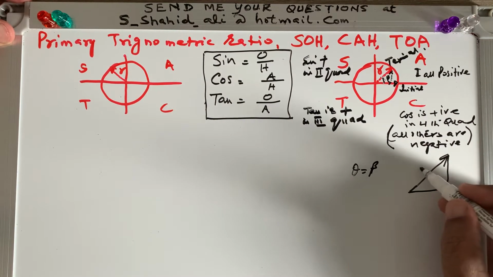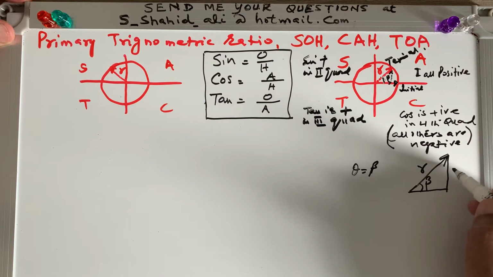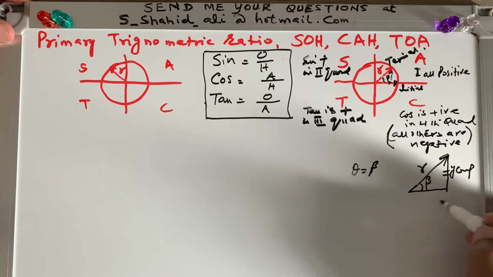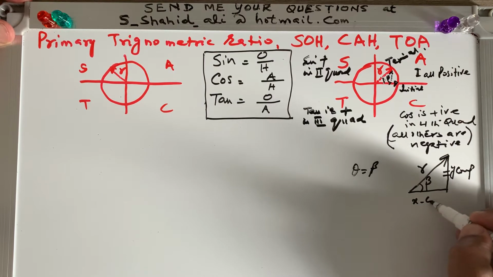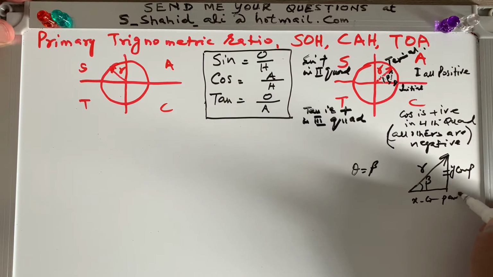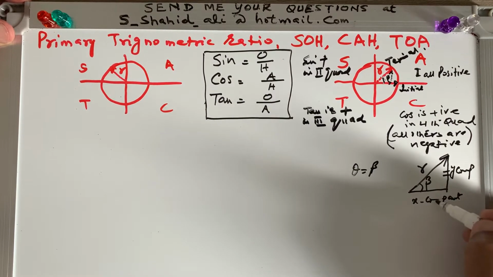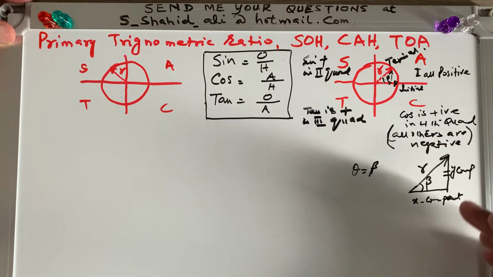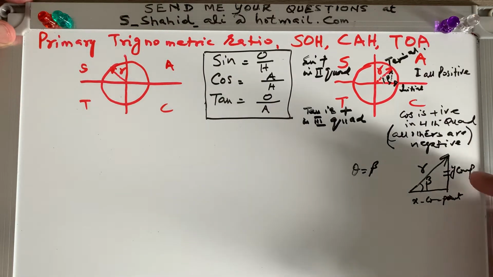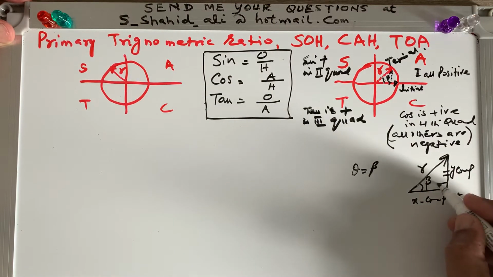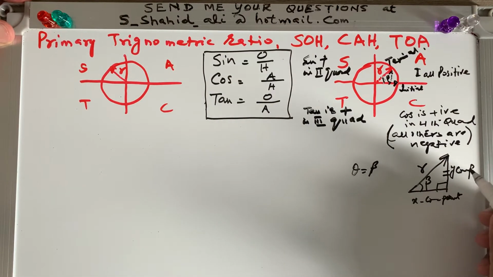So this is my resultant, this is my beta, and this is my y component of this R. And this is my x component, and I need to know what my x and y components are. These two components make my resultant R, right?